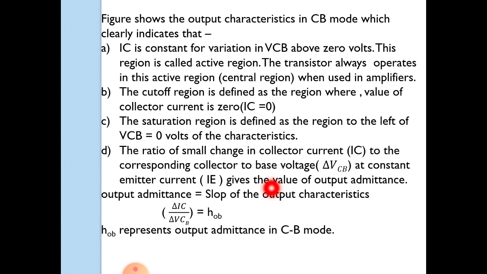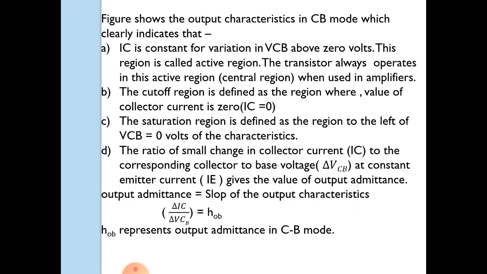Okay, to get the output admittance we take the ratio between the output current and the output voltage, keeping the input current constant.